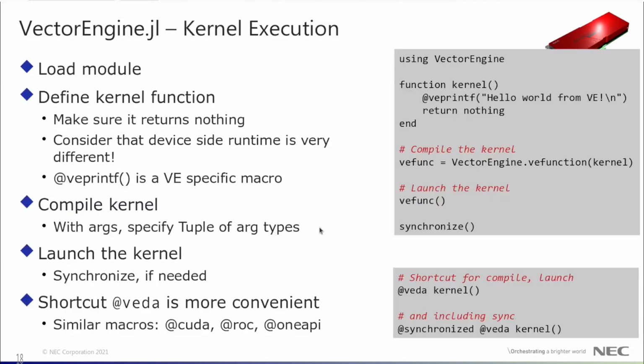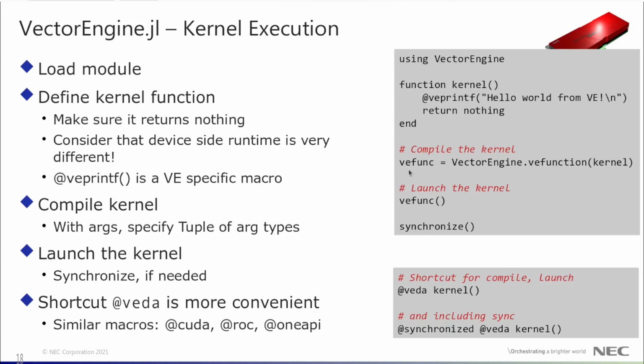Here's a simple hello world example for kernel execution. First load the module, then define the kernel. In the kernel, of course, we need to take care that we don't use any of the non-existing Julia runtime functions. So this is why we call the VEPrintf macro instead of something else.